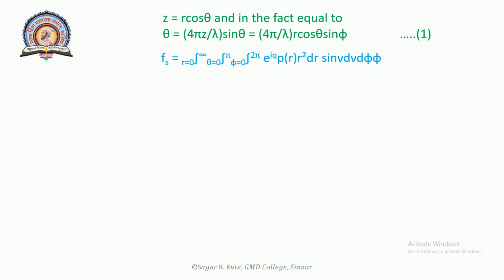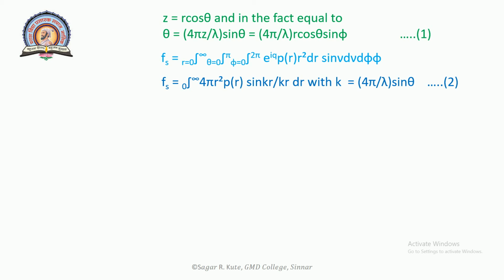Integrating over phi in equation 1, the integral becomes Fs equal to the integration from 0 to infinity of 4 pi r squared rho(r) sin kr upon kr dr, with k equal to 4 pi upon lambda into sin theta.